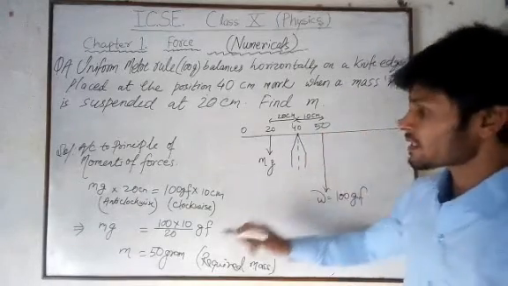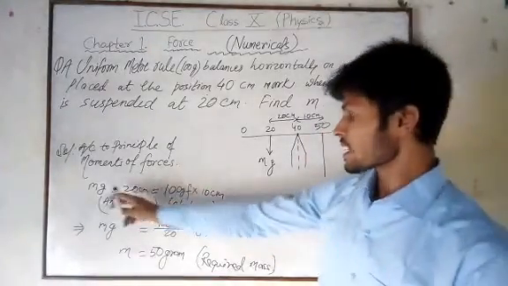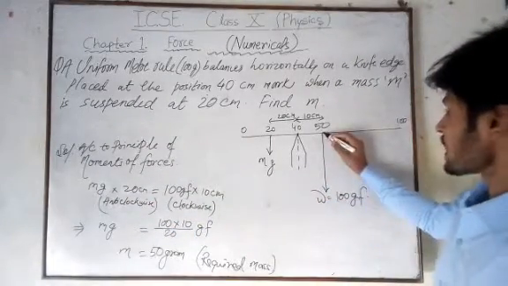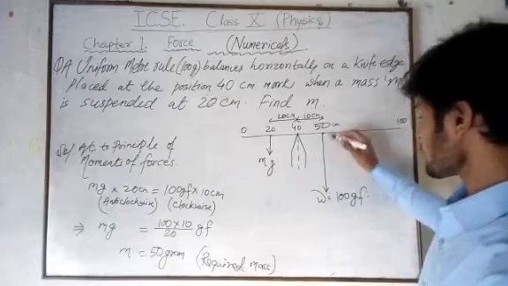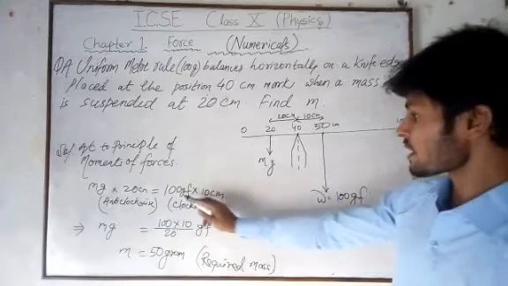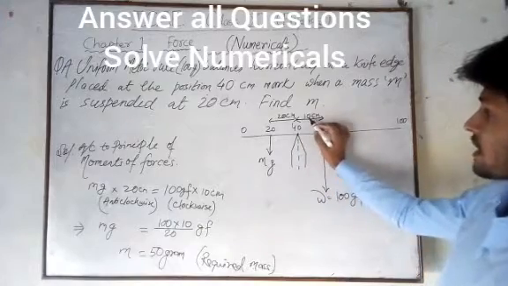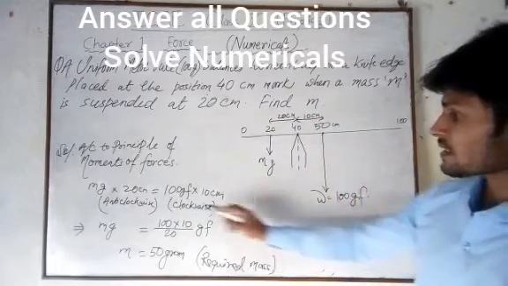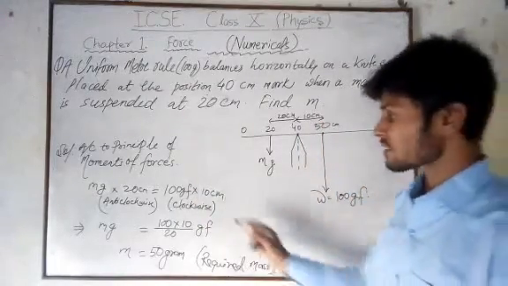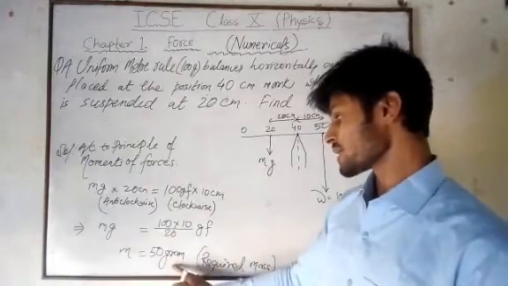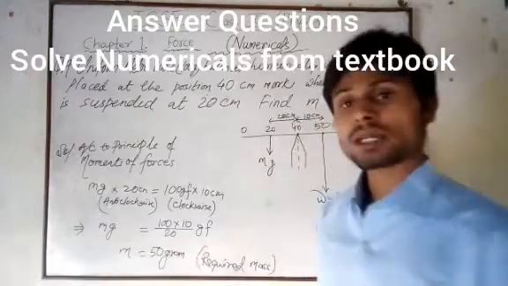So mg into 20 gives the anti-clockwise moment. At the 50 centimeter mark the weight acting is 100 gram, so 100 gram force into the distance from 40 centimeter to 50 centimeter, which is 10 centimeter. So 100 into 10 gives the clockwise moment. By solving this, we get 50 as the value of m. 50 gram is the answer.